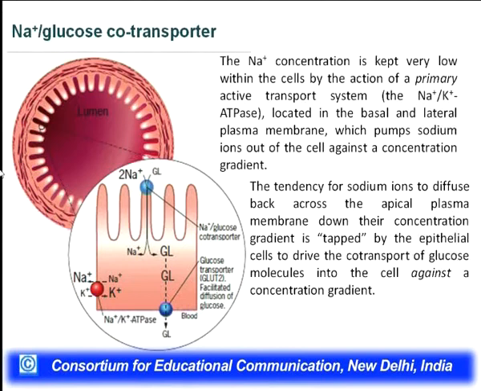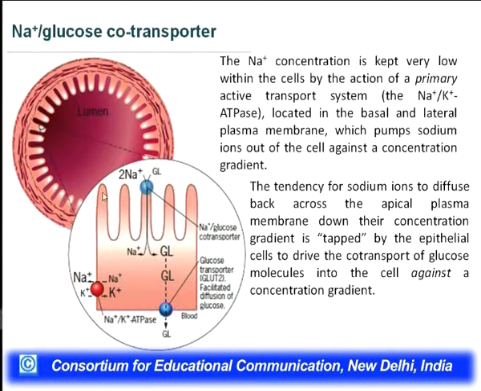So what you can see here is a sodium-potassium ATPase, which is responsible for maintaining the low concentration of sodium inside. Now there are certain other transporter molecules which are present. Because of the low concentration of sodium inside, the higher-concentration sodium outside has a tendency to just diffuse inside.